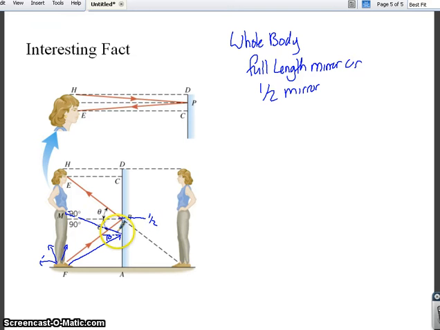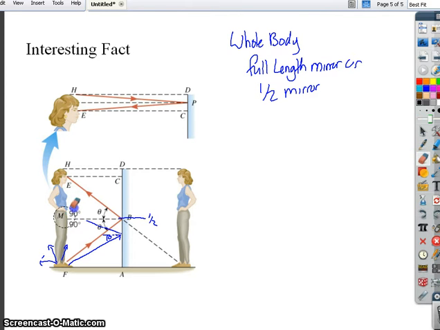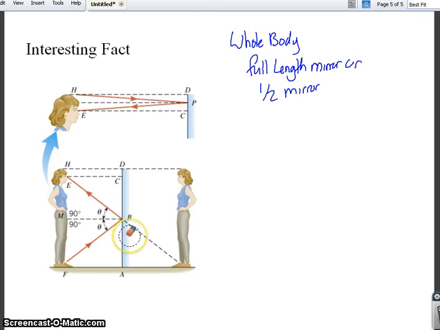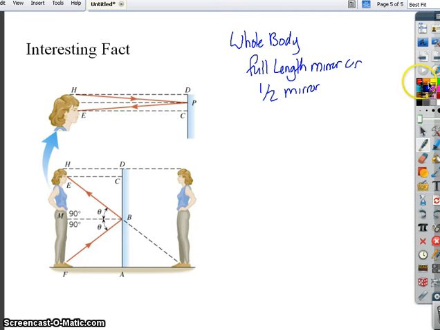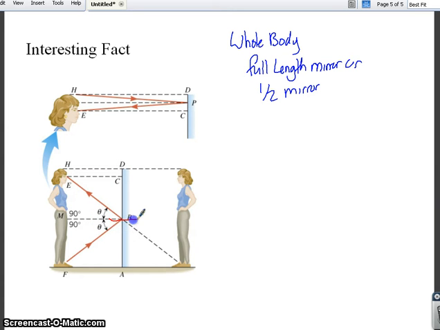According to my drawing, this light ray is going to hit her waist about. So basically, any light rays that hit below the midpoint from where your eyes are, you're not going to see anyway. So the reality is, to answer this question, you can see your whole body with half of a mirror.